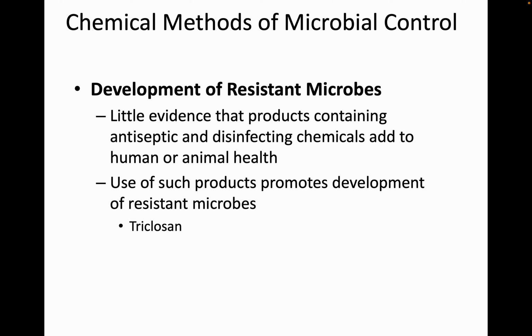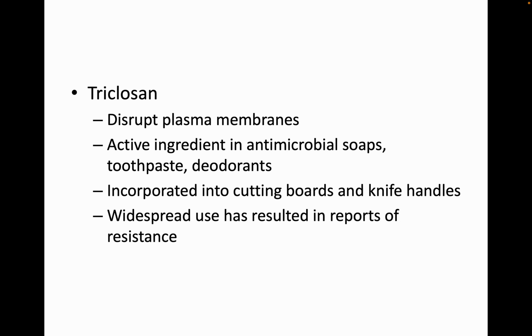There's little evidence that products containing antiseptic or disinfecting chemicals add to human or animal health. And I'm talking about things like hand lotions and hand soaps and places where they're not really needed. The use of such products promotes the development of resistant microbes, and a good example of this is triclosan.